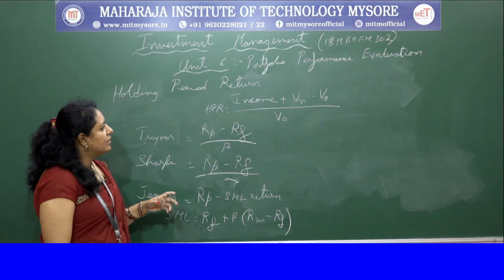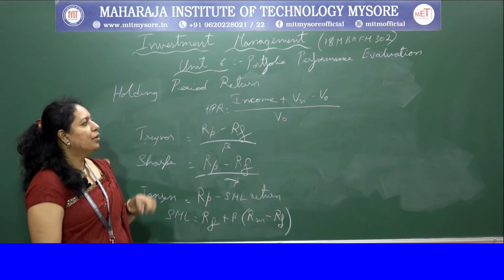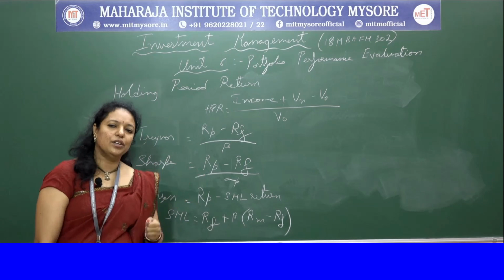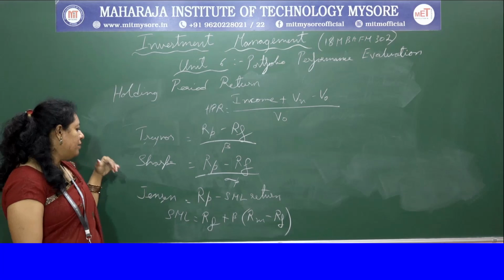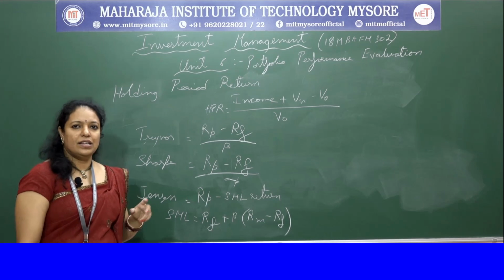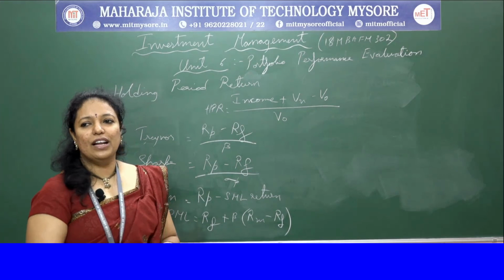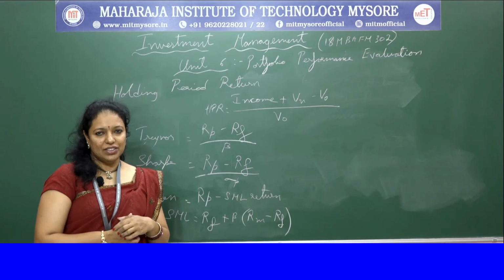We have dealt with different ways of calculating portfolio performance evaluation, that is holding period return, through which you can calculate the holding period return, and the measures which we use: Treynor's measure, Sharpe measure and Jensen's measure. So hope this is very clear for you all and you have understood the concepts which we have covered today.